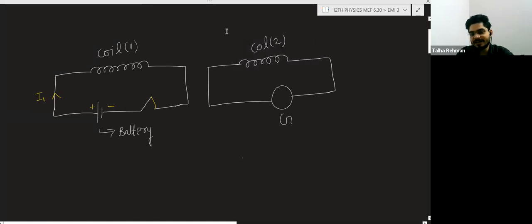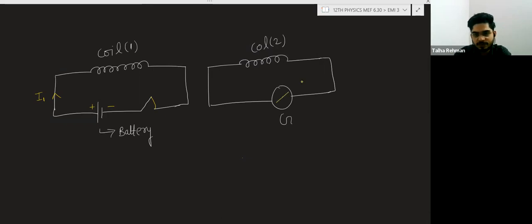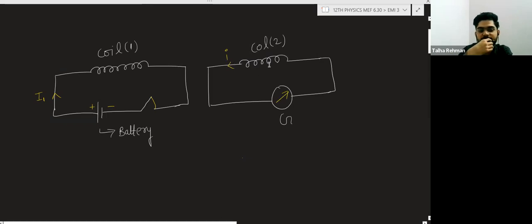Due to that, the magnetic flux here will increase, and according to Faraday's law of electromagnetic induction, there will be an induced EMF in this coil, and due to the induced EMF there will be current. That is why there is deflection in the galvanometer. So you can say there will be an induced current in coil number 2.